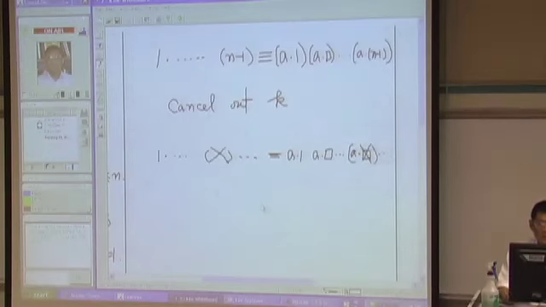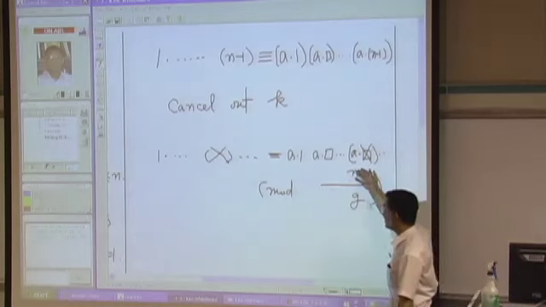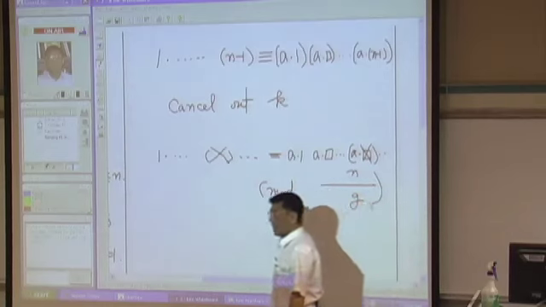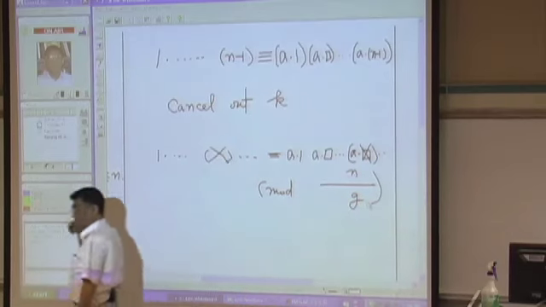So generally, we can cancel out. We can do the same step, right? Do you see the cancellation rule here or not? When you cancel out k, we change the modulus. The modulus should be n over g. Do you see?